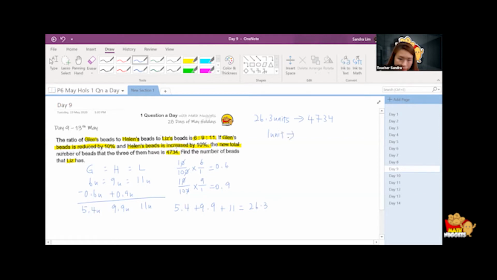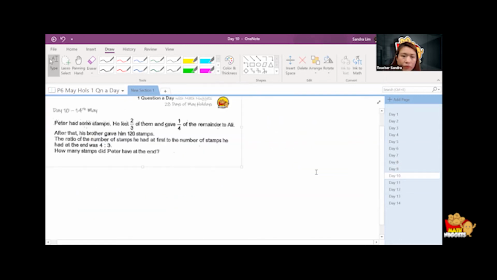So 1 unit will be 180. So we're trying to find Liz. Liz will be 11 units. So 180 times 11. So it's 1980. So congratulations, those who got this correct.